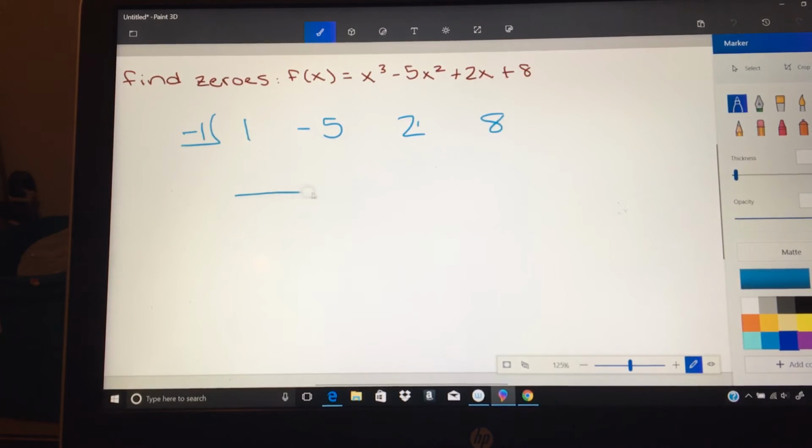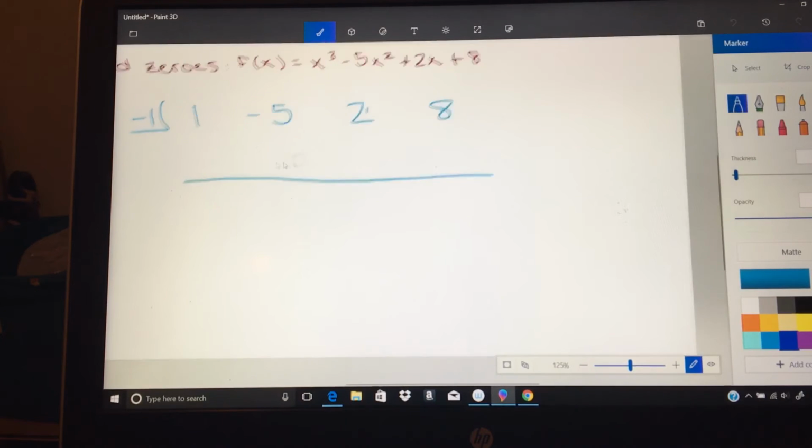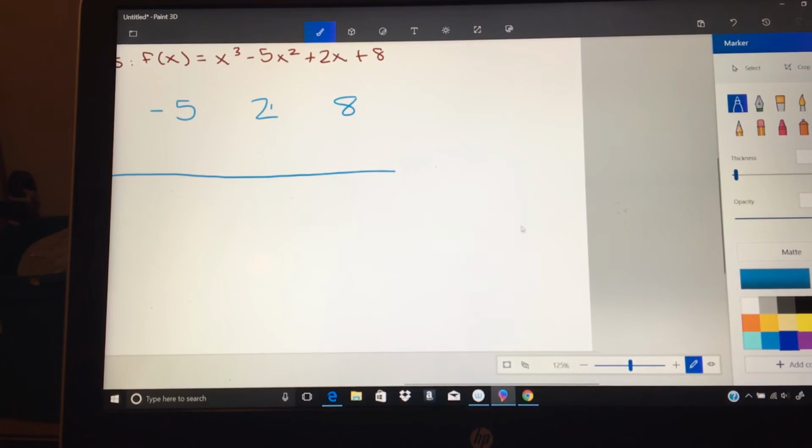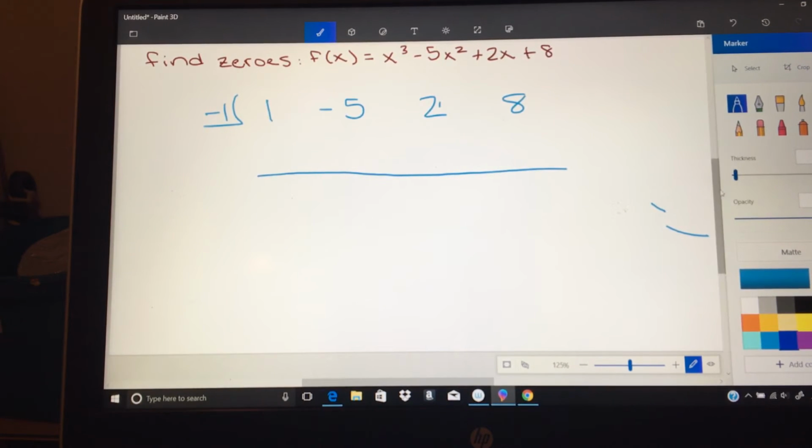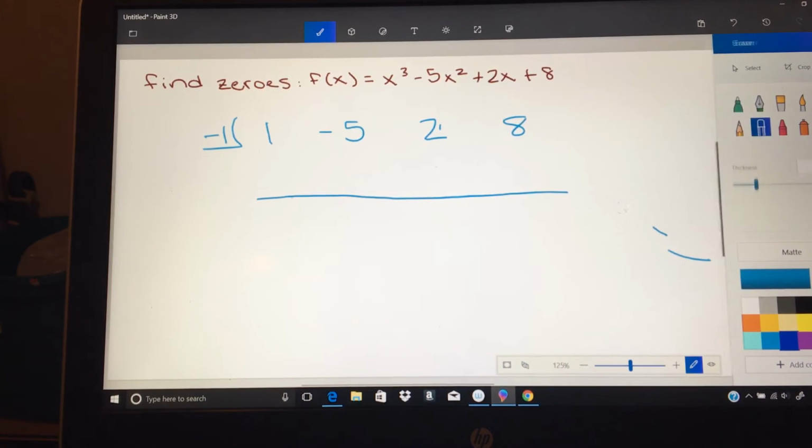And then I'm going to draw my line here. Oh, having a little bit of malfunction here. Hold on. Let's see if I can get this back over. All right. Let's fix that too. And we are ready to go. Okay.